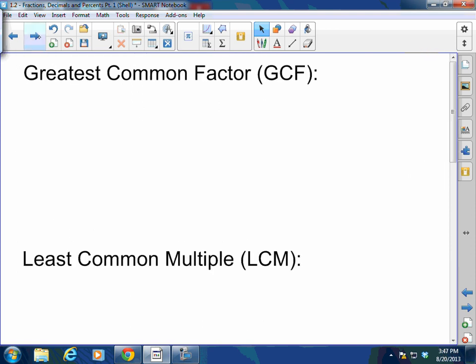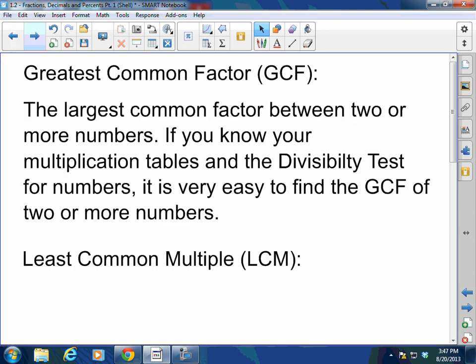Let's continue. Now, let's put all of those concepts to play. Greatest common factor. The greatest common factor is the largest common factor between 2 or more numbers. If you know your multiplication tables and the divisibility tests for numbers, it is very easy to find the GCF of 2 or more numbers.